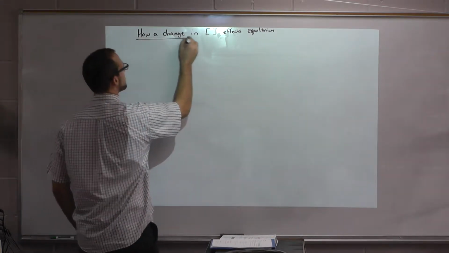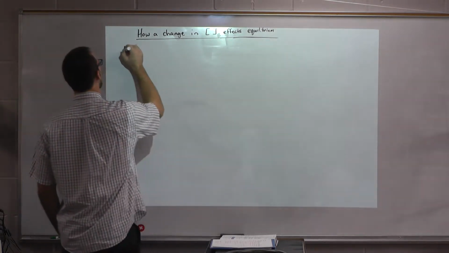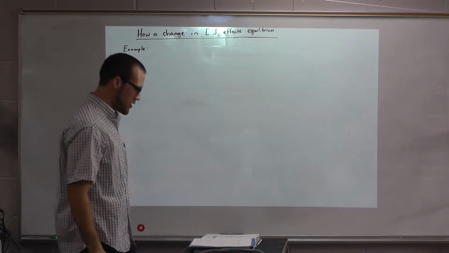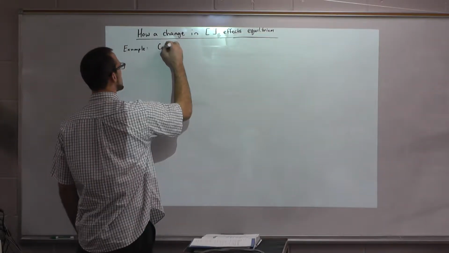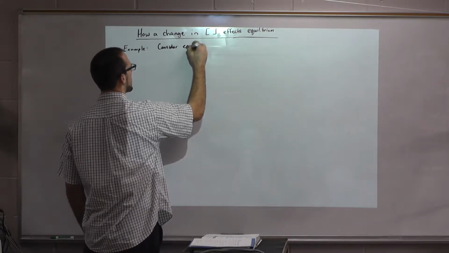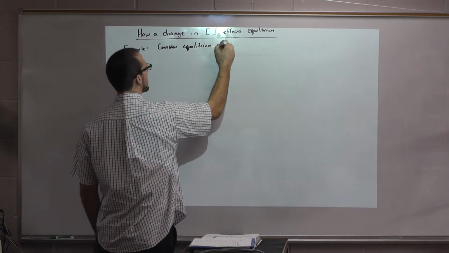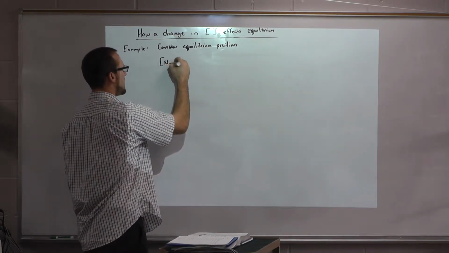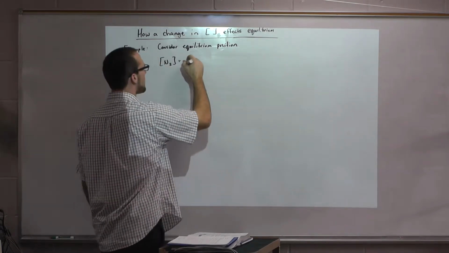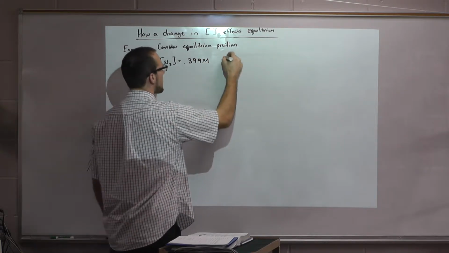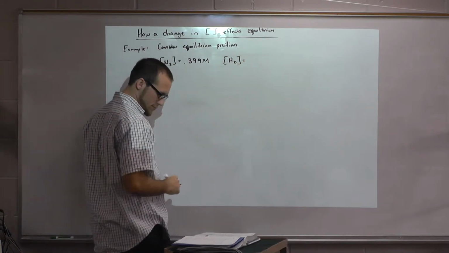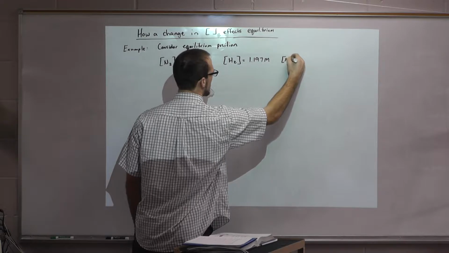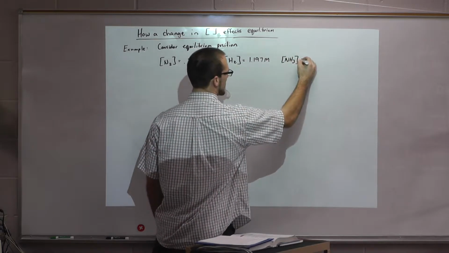Give you an example here. Okay. Let's consider an equilibrium position where you've got the equilibrium concentration of N2, and the equilibrium concentrations of the other species. This is the Haber process that we've talked about quite a bit.